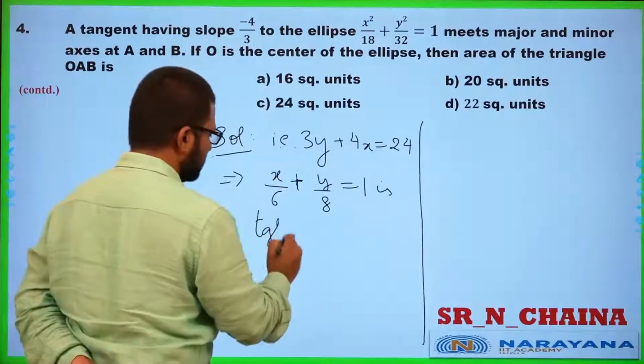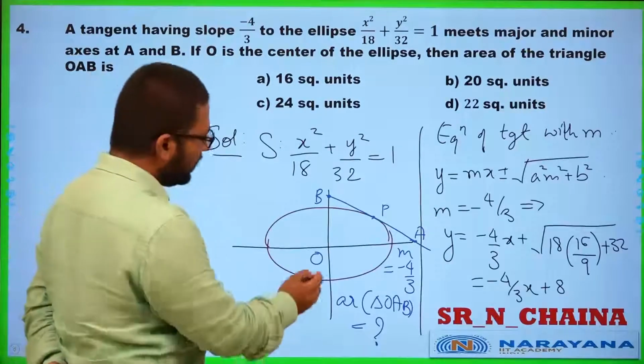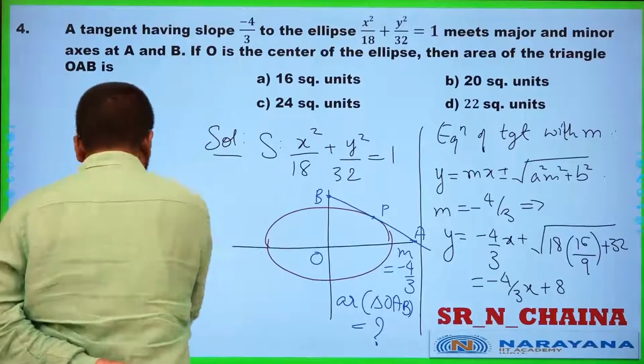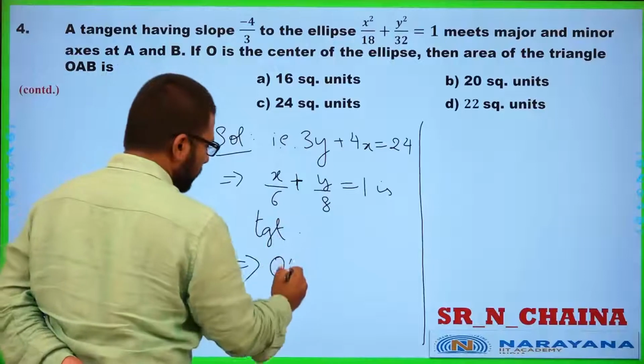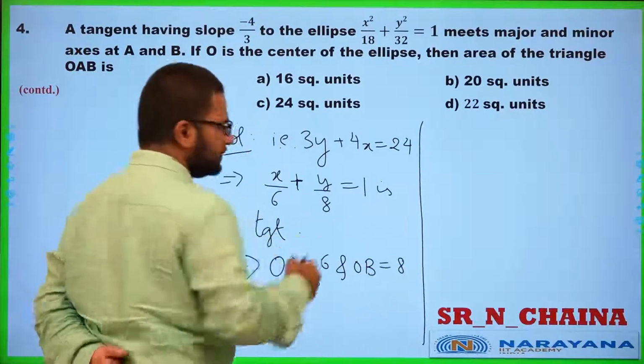Anyway, we wanted OA and OB, so we want the x and y intercept, which, if you observe, is perfectly in intercept form, which means OA is 6 and OB is 8.